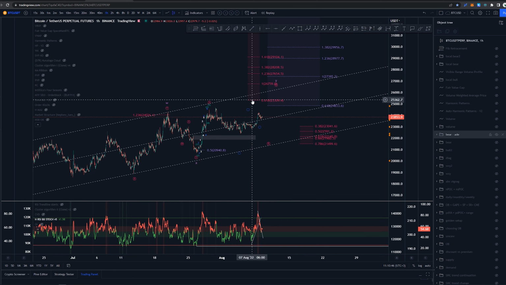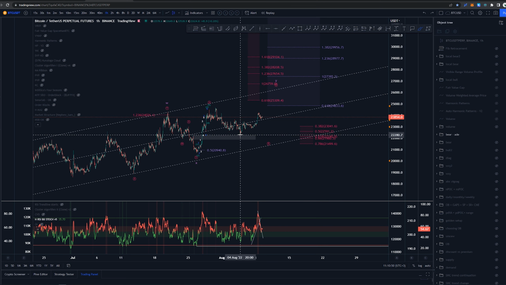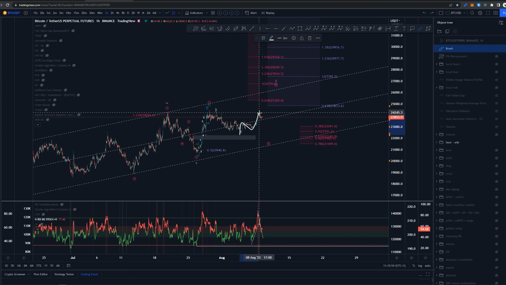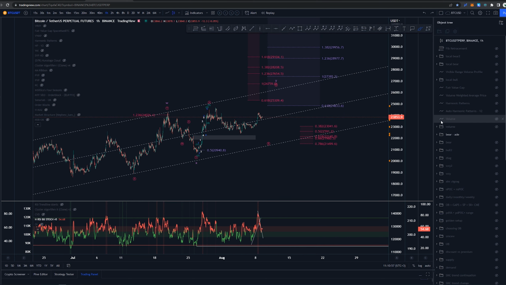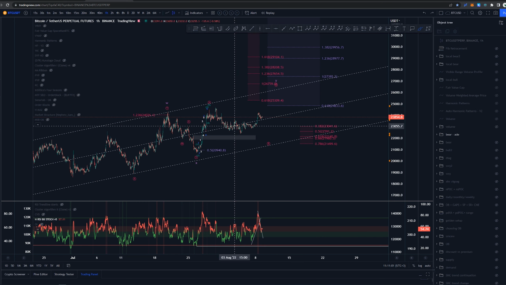The minimum we want to see is the 0.618, which would be around the 25.3 area. This definitely does not feel like 5 ways as is, but there is definitely potential still here to be a 5-way move, so we'll look into that as well.